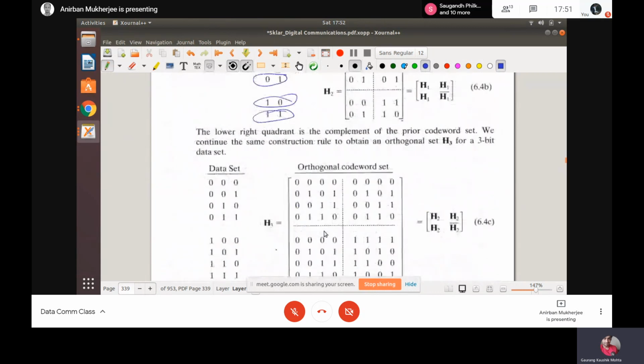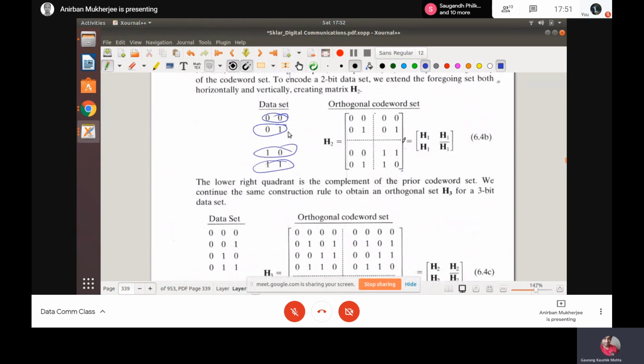Say I have to send 4 different things. That means 2 bits grouped together, so I have to send 4 different pulses. They are orthogonal, and this is your T. For the first row, I am sending these pulses.